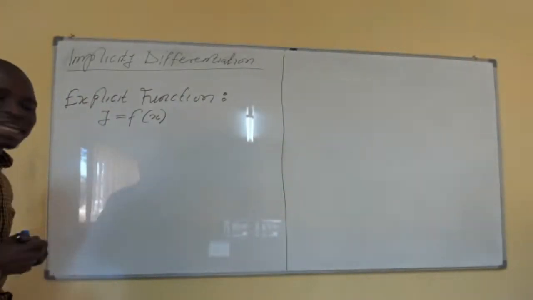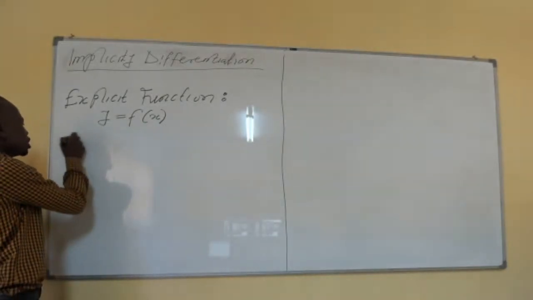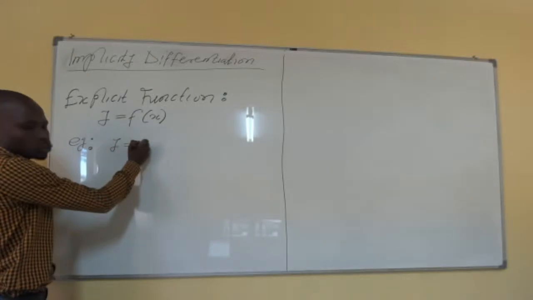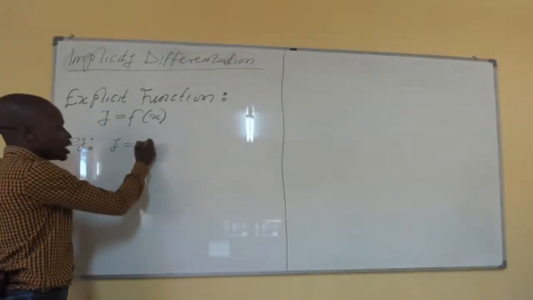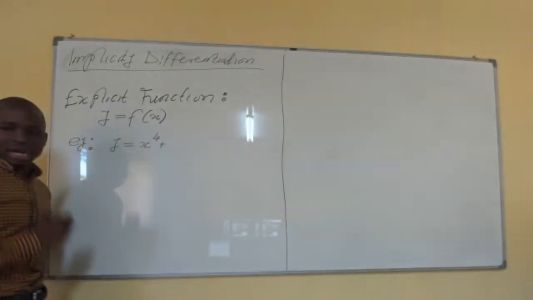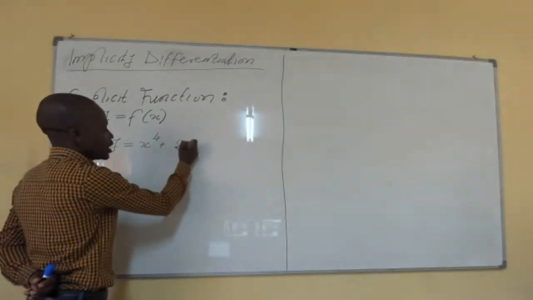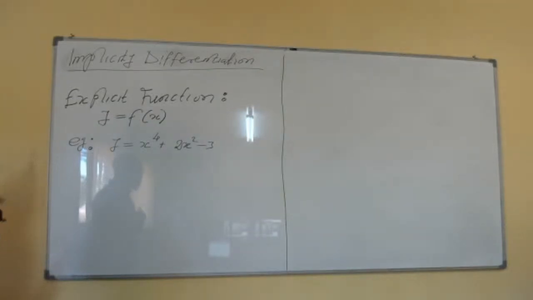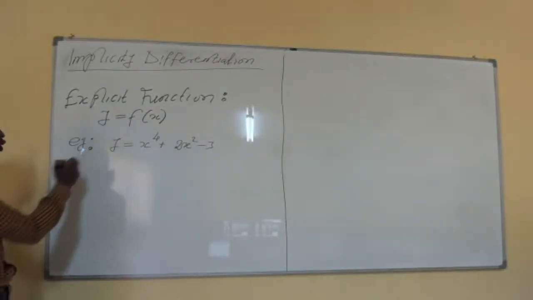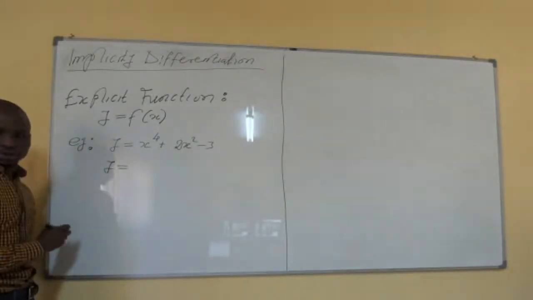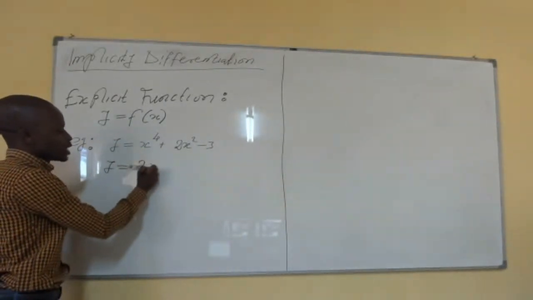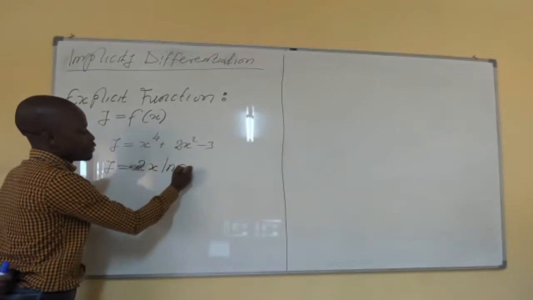Examples of such functions are y equal to x to the power 4 plus 2x squared minus 3. This is an example of an explicit function. Another is y equal to 2x times the ln of x.